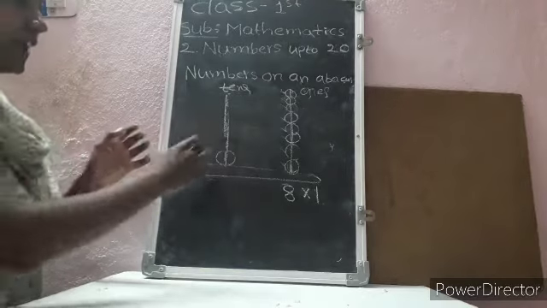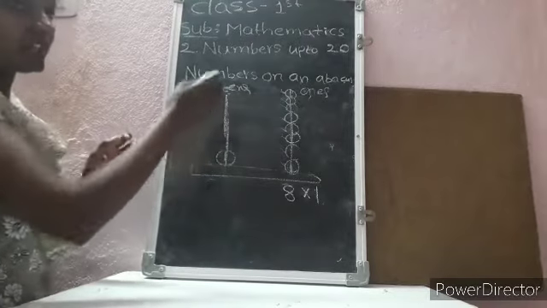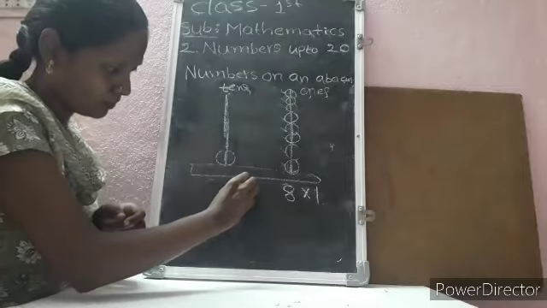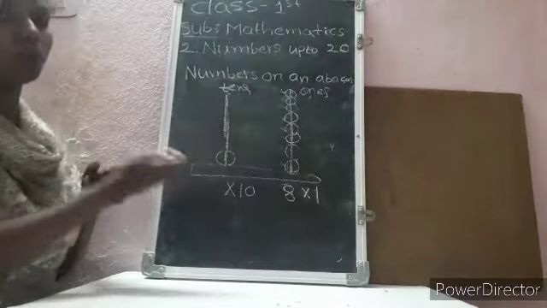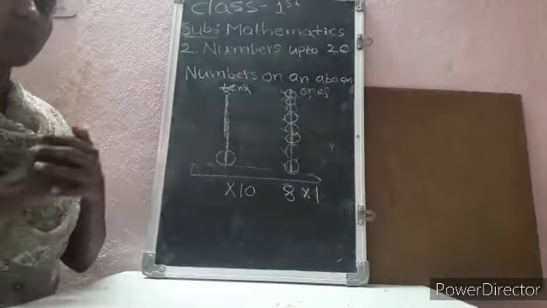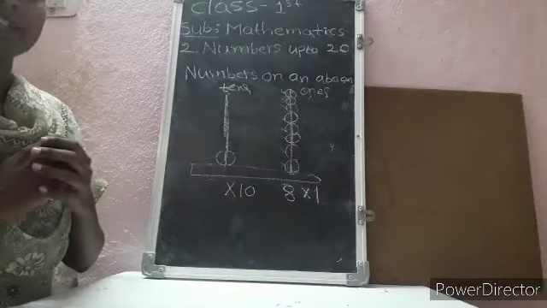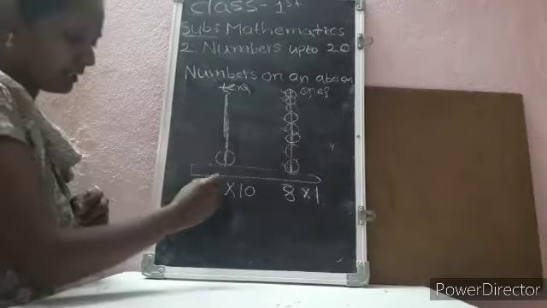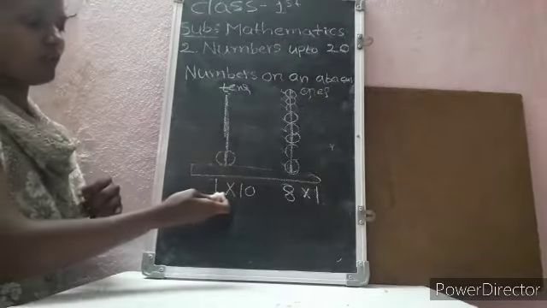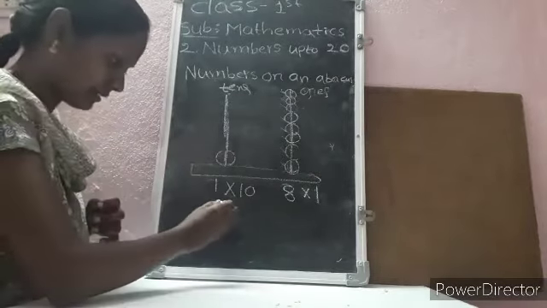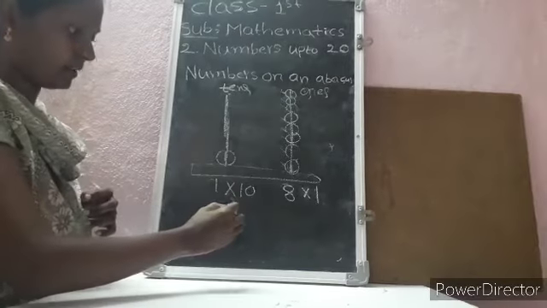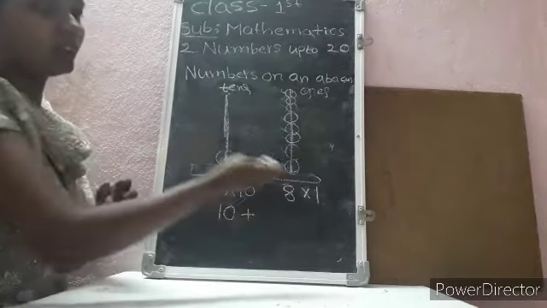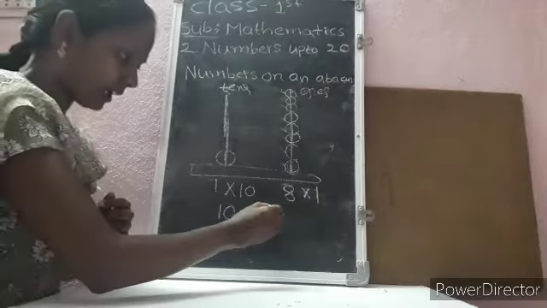And move to the next spike, the left spike. Here the tens place. Into tens place means into 10. So how many beads are there in the tens place? Only a single bead. So write down here 1. 1 tens are 10, and 8 ones are 8.